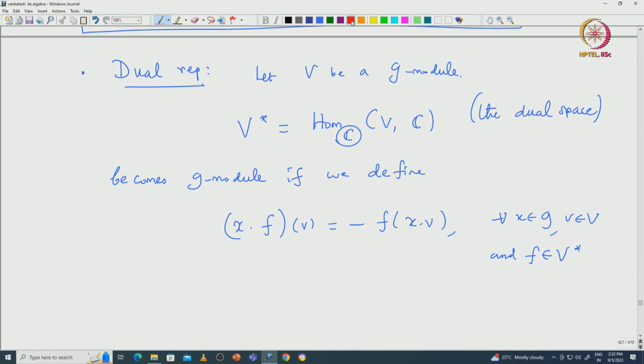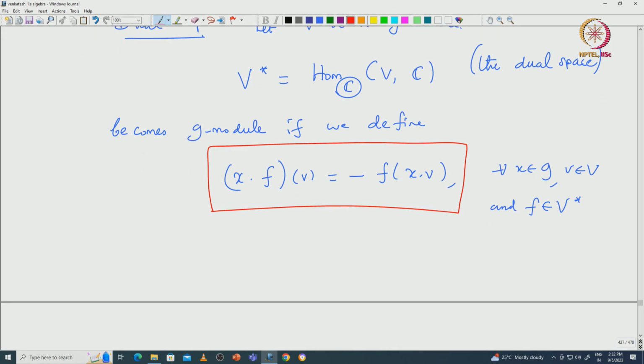This is something we have already checked. So, this defines a G representation on V star. Given this G representation V, we can use that to define a G representation on V star.